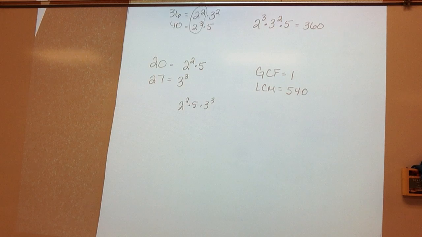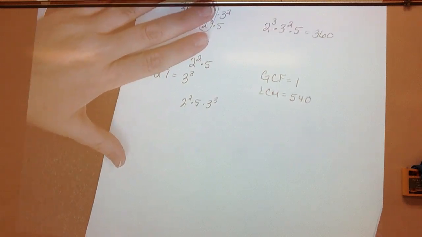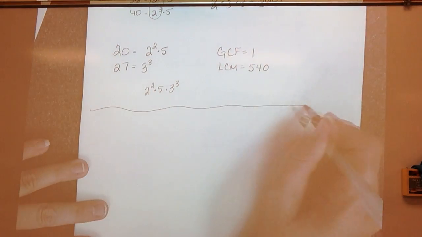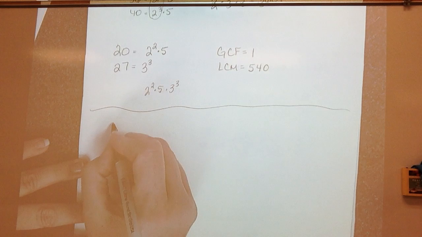All right. Let's do 2 more numbers. And then I'm going to throw a little bit of algebra in here and give you some letters, some variables. I want to do two more numbers because they are a little bit bigger.